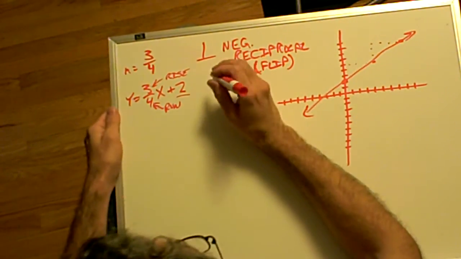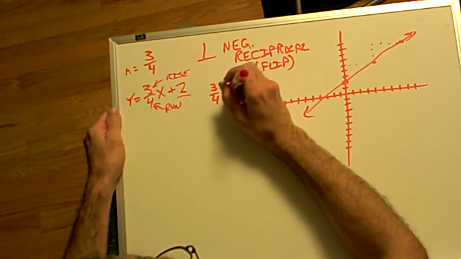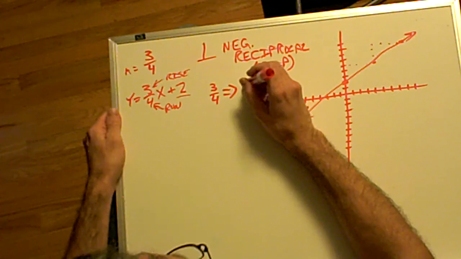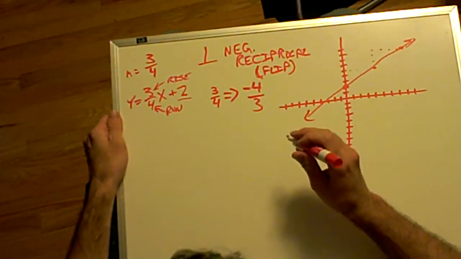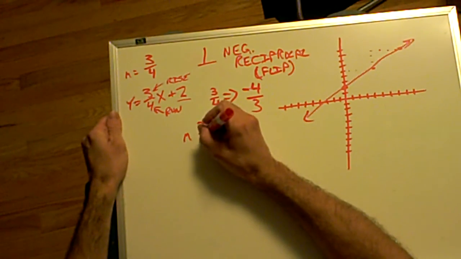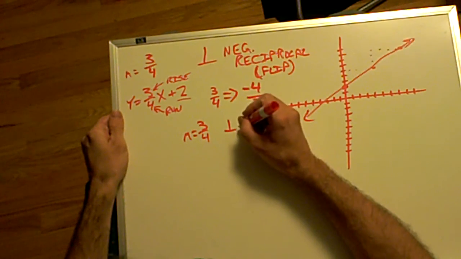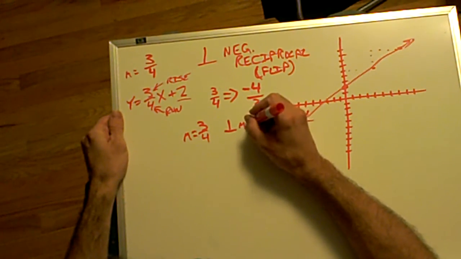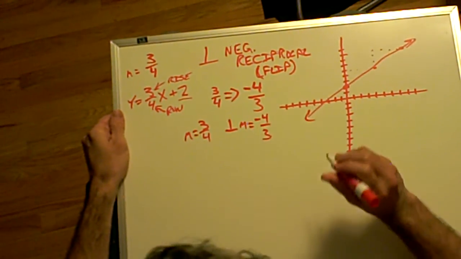So 3/4 becomes negative 4/3. If m is 3/4, the perpendicular slope is equal to negative 4/3.